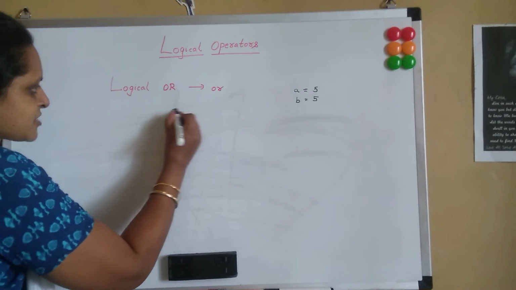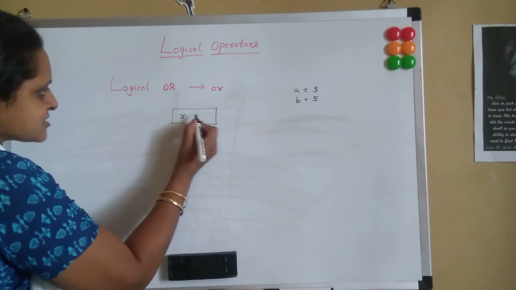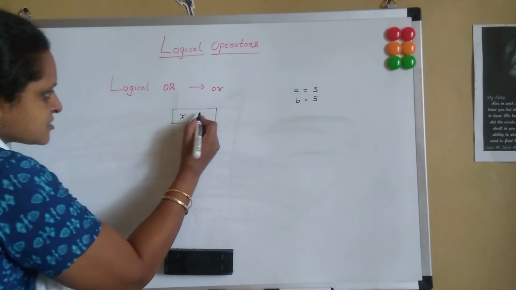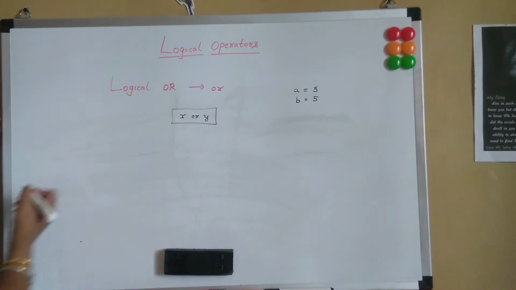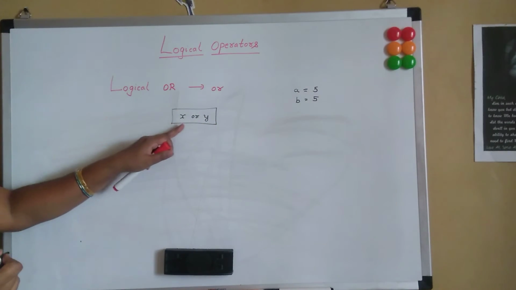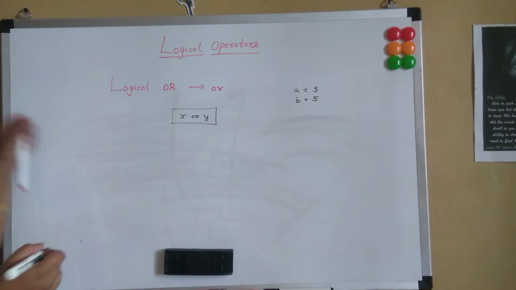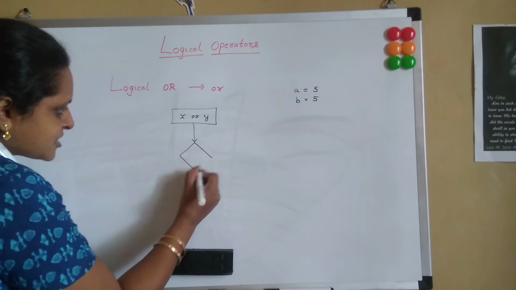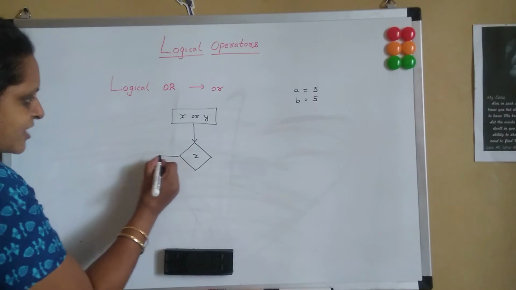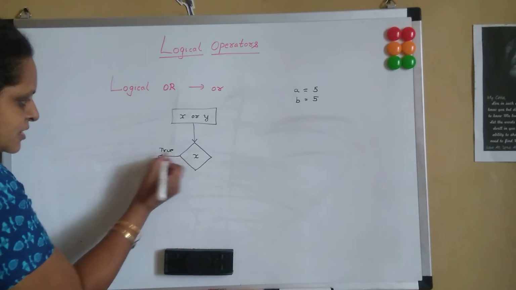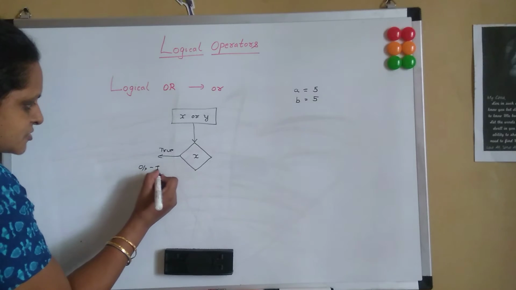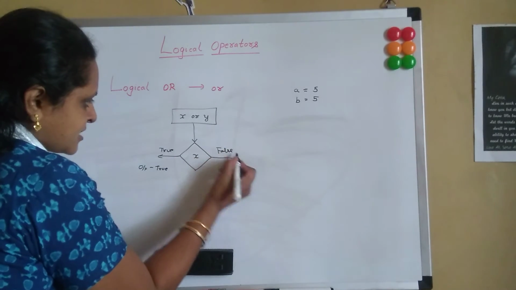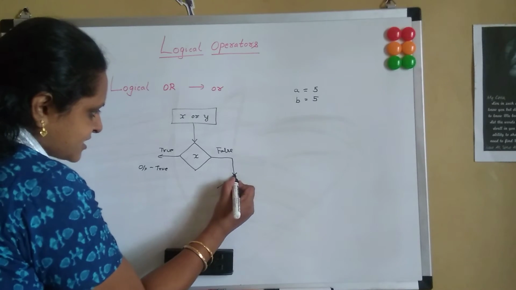So it will check the condition X or Y. Here X is one test expression and Y is another test expression. Initially, it will check the condition X. If X turns out to be true, then the final output becomes true. If X turns out to be false, it will check the Y condition.